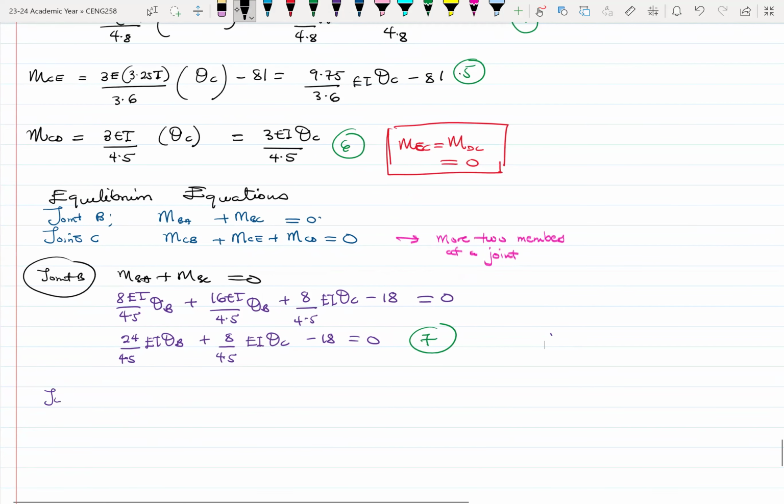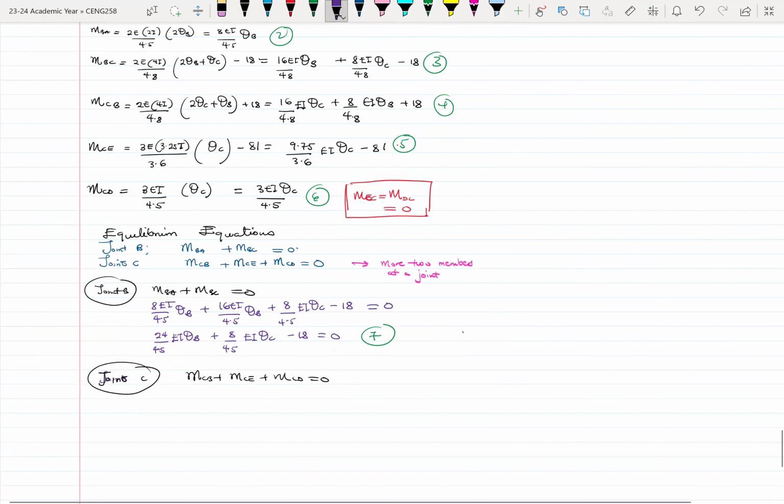For joint C, that is MCB plus MCE plus MCD equals 0.